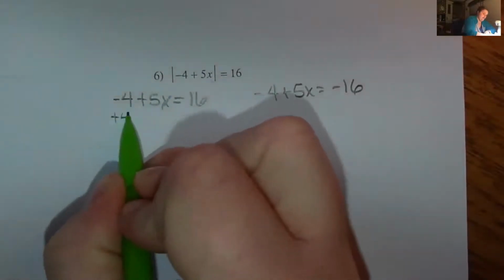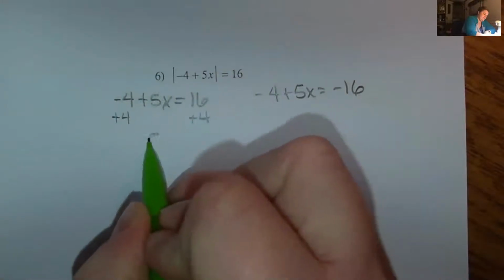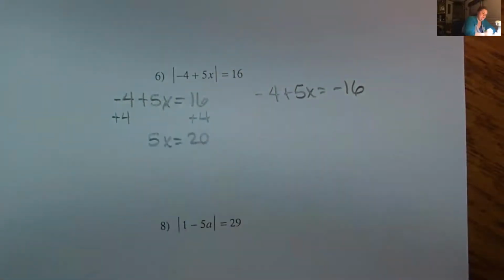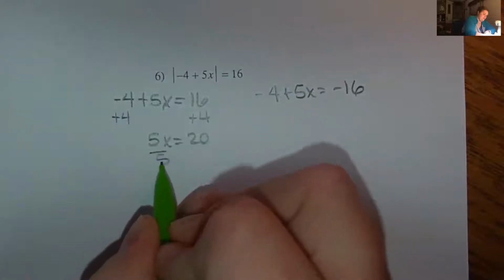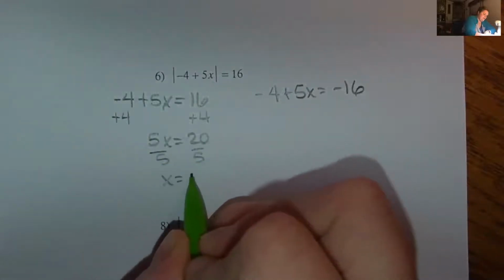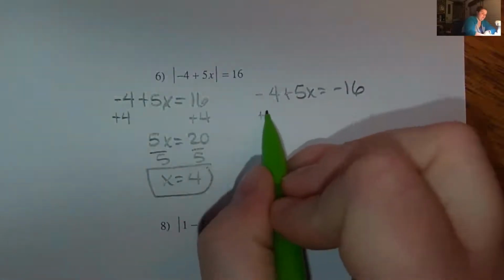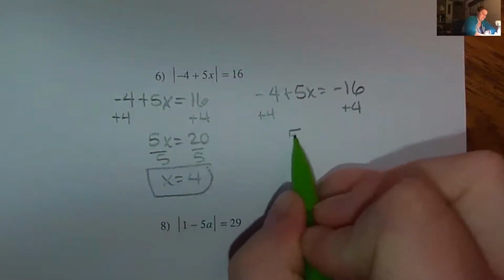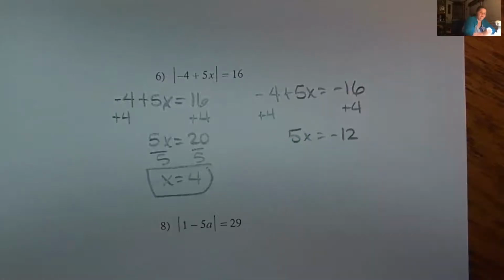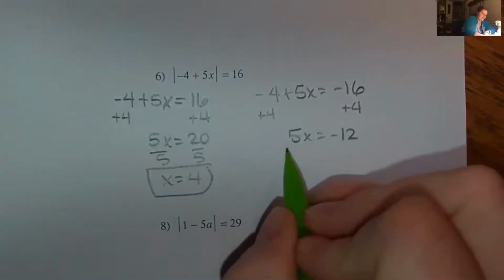I'm going to add the 4. So I have 5x equals 20. Divide by the 5. X equals 4. Okay, add the 4. 5x equals -12. Divide by the 5.